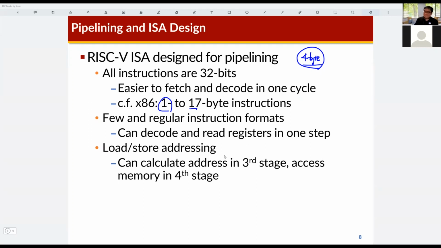The CISC type ISA requires very complex instruction decoding and controller units. That means the hardware will be very complex and will occupy a large number of transistors. That's why the RISC type ISA is better for higher performance.